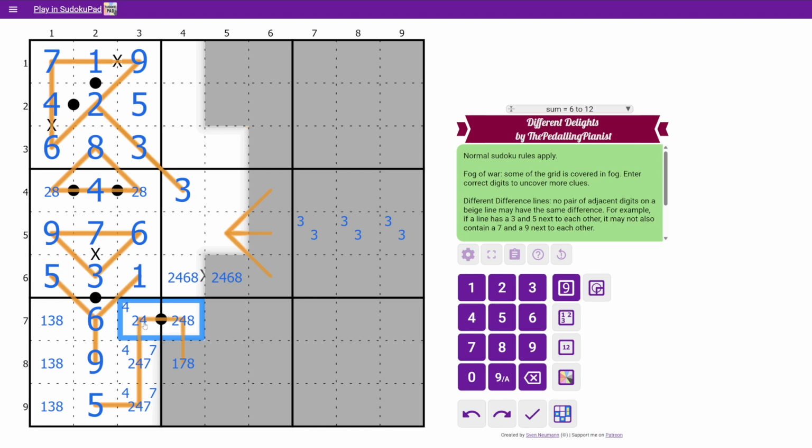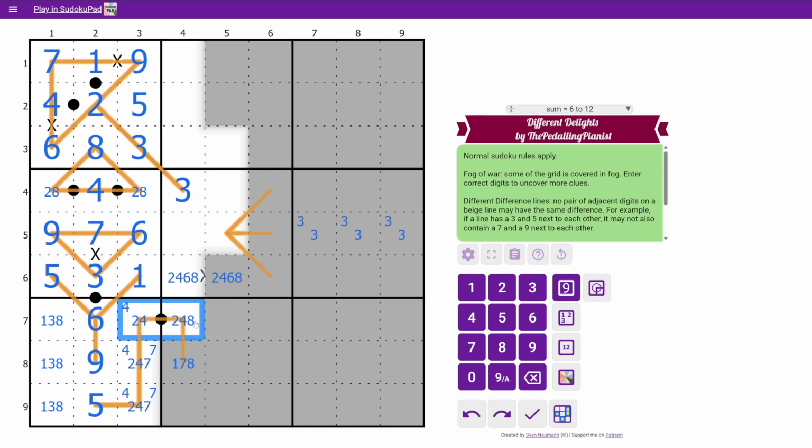If this is a 4, 2, the 2 goes here with a 7. So it can't be a 4, 2 this way. So it would be a 2, 7 here. 2 would have to go down here, giving a 3 difference. 7 would go here, giving that a 3 difference.